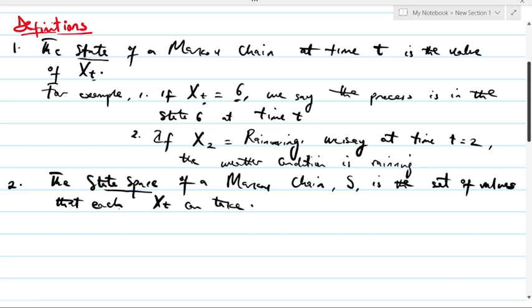For example, now if your process or your system is a fair six-sided die.